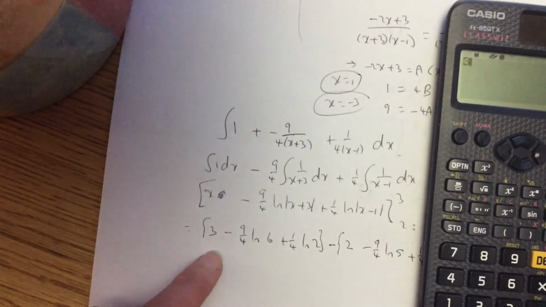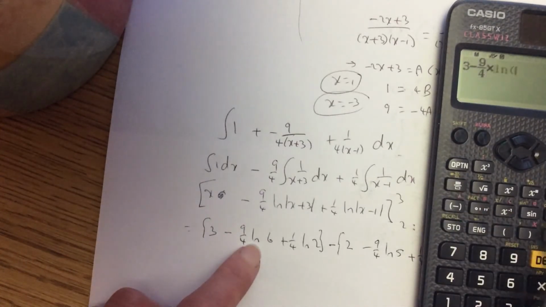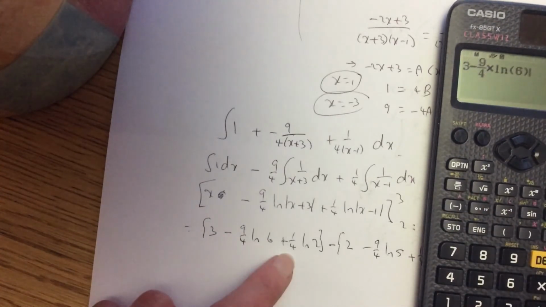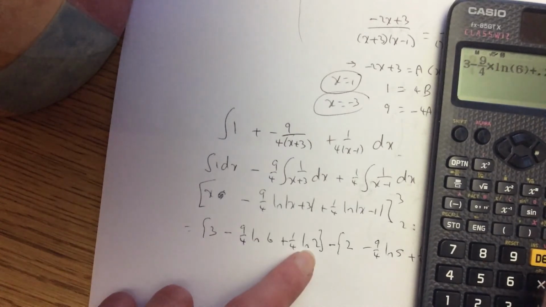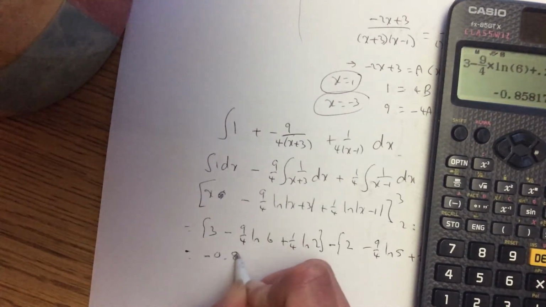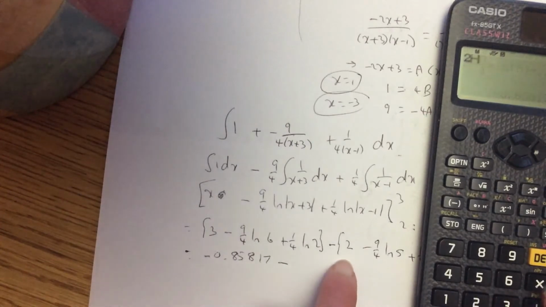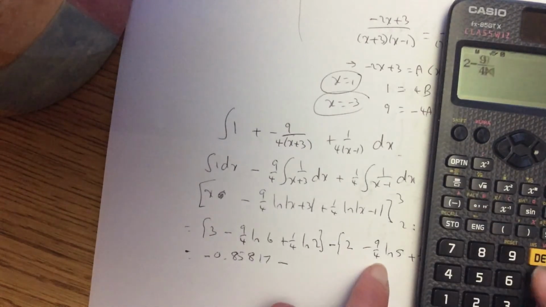So 3 minus 9 over 4 times log 6, close the bracket, plus a quarter times log 2, close the bracket. So for the first one, I get minus 0.85817. Take away the second bracket, just putting everything into the calculator.